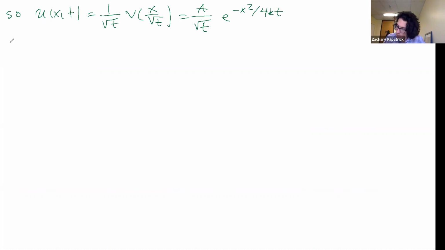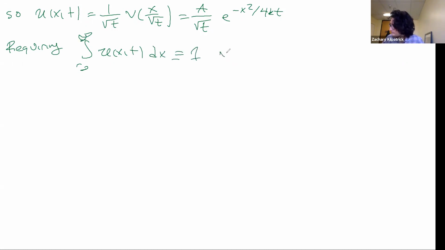Okay. So further, let's say I want our fundamental solution to integrate to 1. This yields the fundamental solution. So the last thing that we have not specified is that constant a.